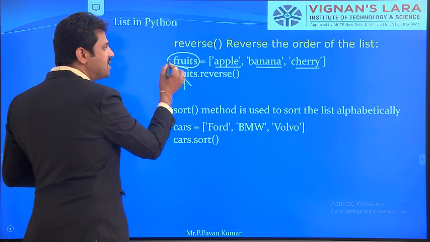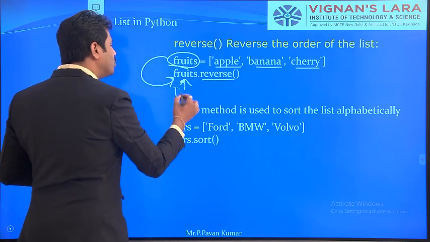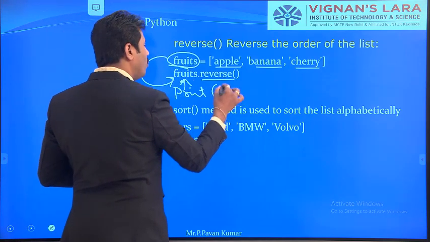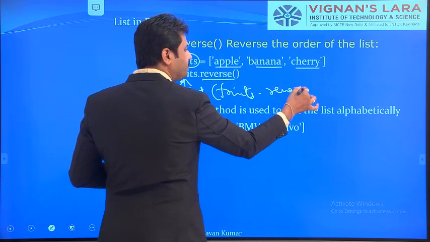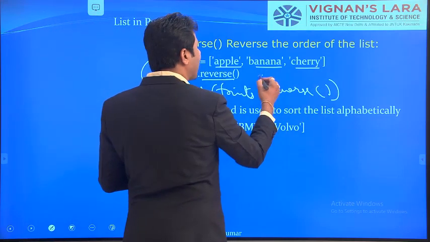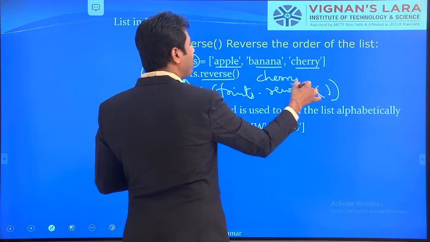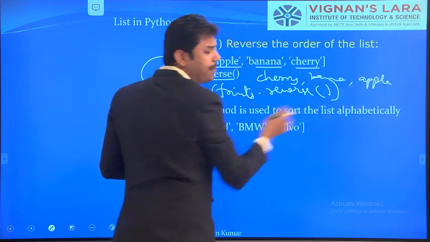The list name is fruits dot reverse. If I use print fruits dot reverse, it just prints in reverse order, like first cherry, banana, and apple. It's going to be printed in reverse order.